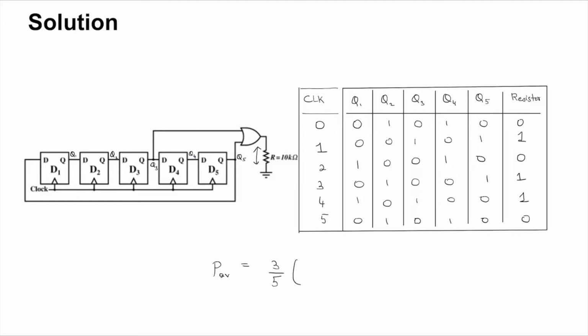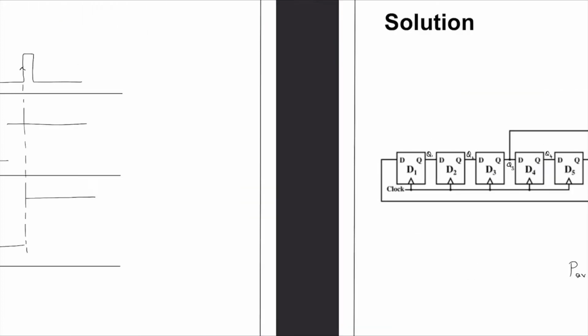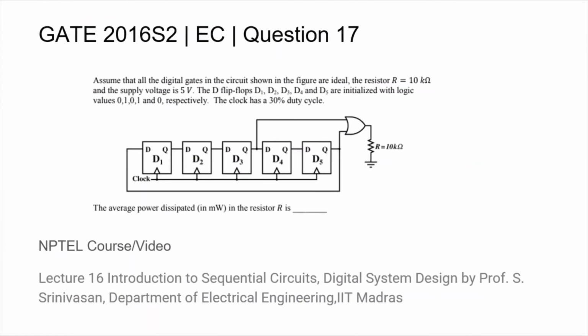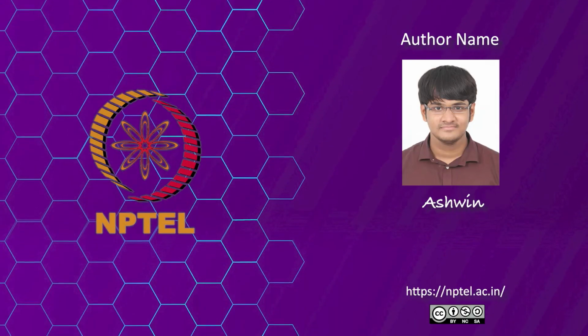The power in each period is going to be V square by R, which is 5 volt square by 10K, and this whole thing equals 2.5 milliwatt. We require the answer in milliwatt, and so this is 2.5.